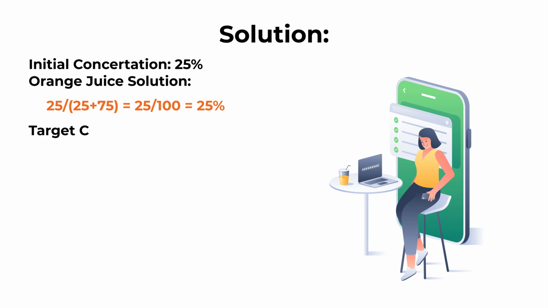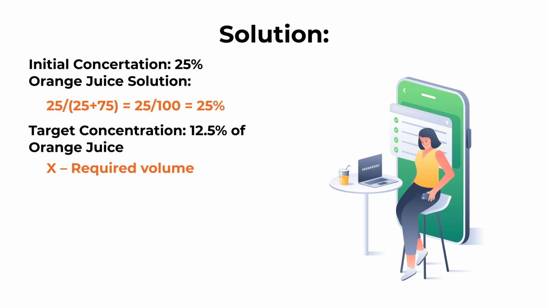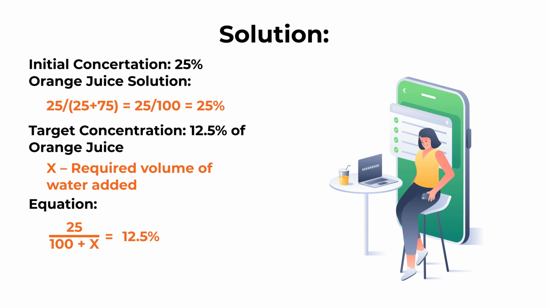Our target concentration will be 12.5% of orange juice, which means that we need to calculate X, which would represent required volumes of water to be added. So our equation would be 25 divided by 100 plus X, which would be equal to 12.5%, and 12.5% equals 1/8.